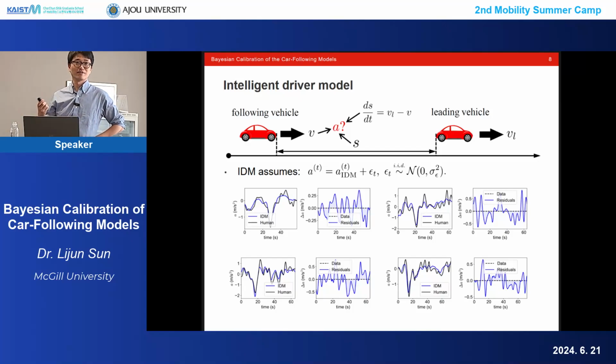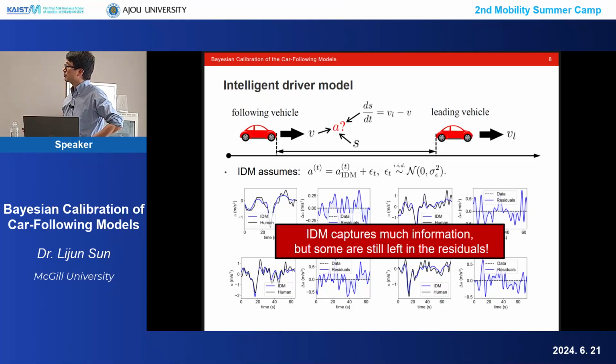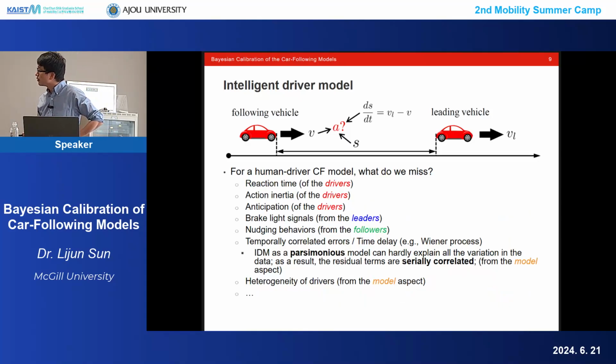The answer is no, because our fundamental assumption is incorrect. We assumed something is independent, but after diagnosis we found it's not. So the IDM model can capture much of the variation, but some information is still left in the residuals, and the residuals are not independent Gaussian. We have to leverage some techniques to model this.